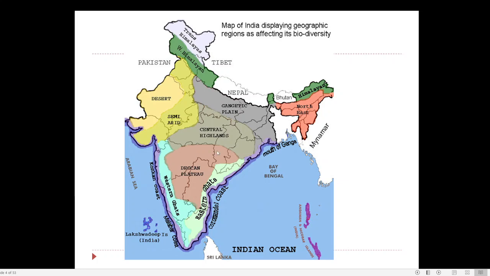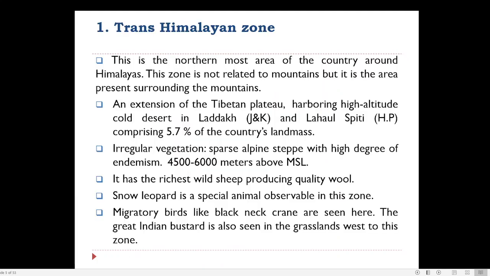Remember, the Maharashtra region is there, the Nagpur region, Karnataka region, then Andhra Pradesh region, Chhattisgarh region, and this area, the Jharkhand region. So these are the different areas. All of them are part of a high altitude area known as the Deccan Plateau, a slightly elevated region. So the Deccan Plateau occupies several states of India.